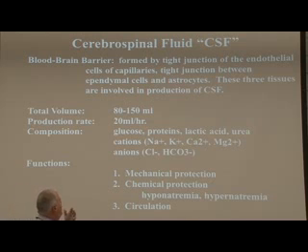Okay. So what we're going to find out is that within all of the ventricles of the brain, the two lateral ventricles, the third ventricle and the fourth ventricle, we have this choroid plexus, and that's where cerebral spinal fluid is produced. And we produce cerebral spinal fluid at a reasonably constant rate in normal physiology.